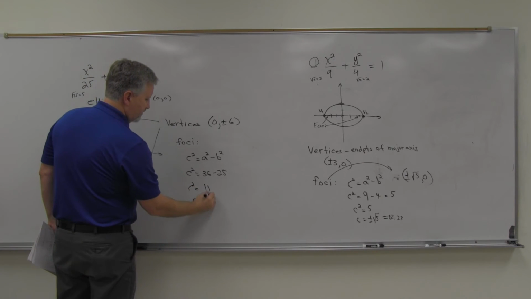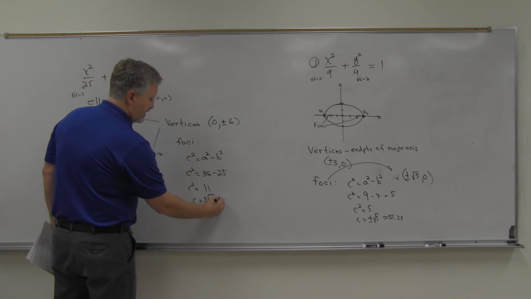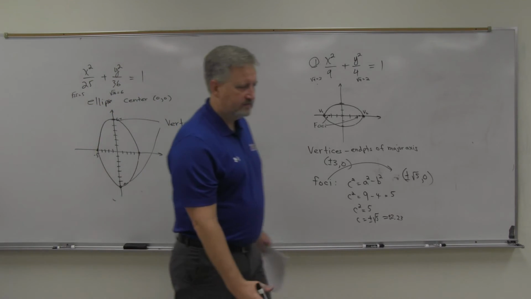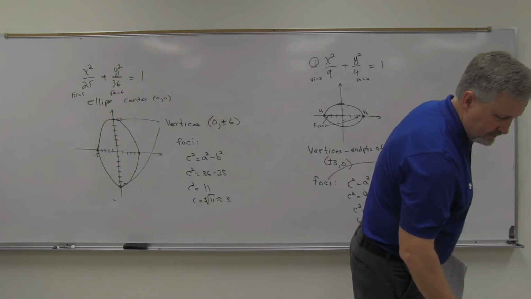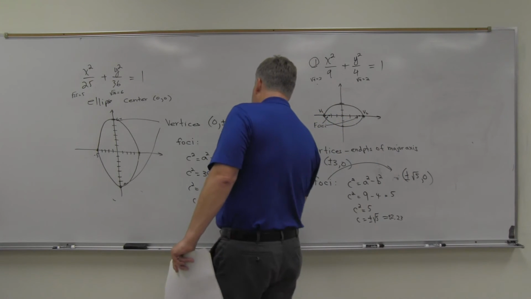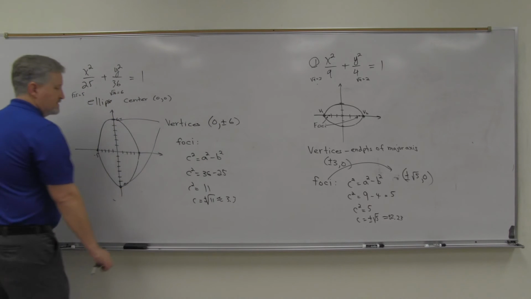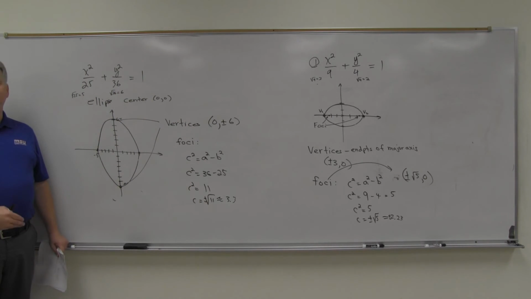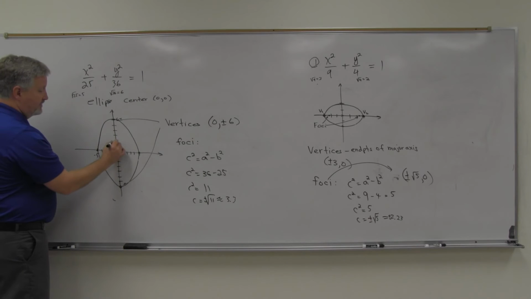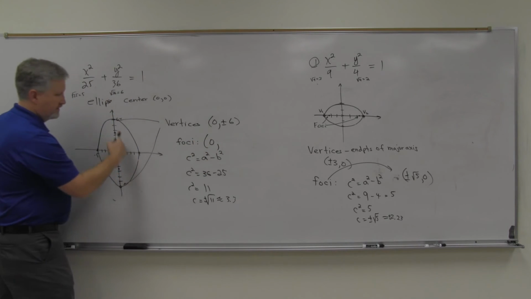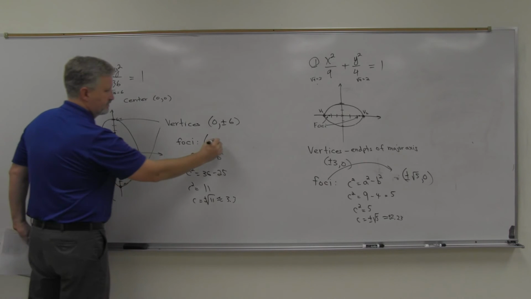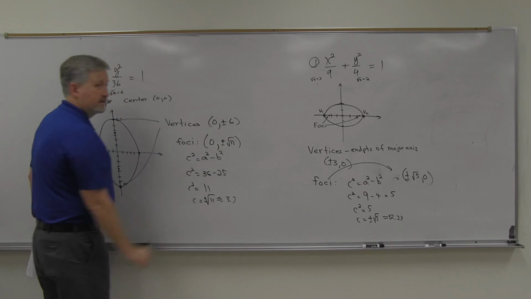So c would be plus or minus the square root of 11, which is about 3.2. Where are those? Again, it's along the major axis, so it's up and down here. So 1, 2, 3 here, 0.3, and then 1, 2, 3, 0.3. So there's my foci. So that's 0, comma, plus or minus square root of 11. Yes?